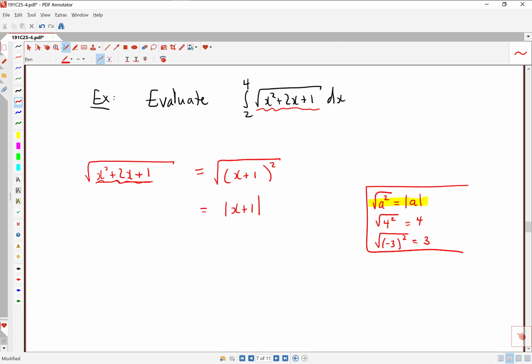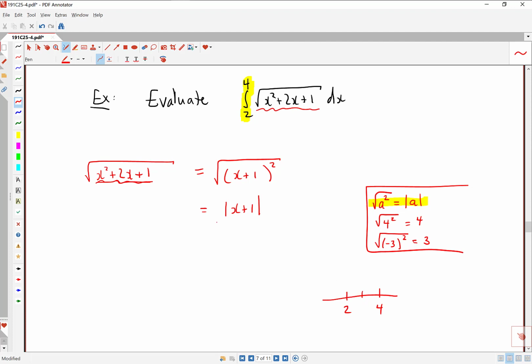So now we need to think about, well, what x values are we using in this problem? Remember that the x values are stored on the definite integral. So the x values in this problem are ranging from 2 to 4. If you want to draw a picture of this, that means when you're doing your integration, you only care about the portion of the x-axis where x is between 2 and 4.